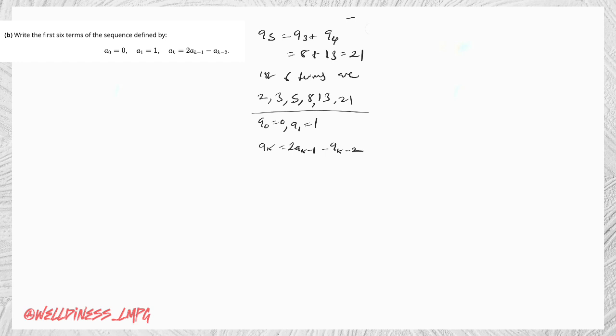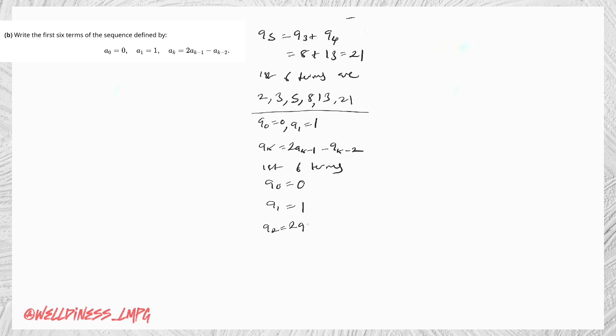So we know we are given our A0 as 0, and we are given our A1 as 1. Since we are looking for the first 6 terms, that means the next numbers we are going to be looking for are A2, A3, A4, A5. So to get our A2, all we have to do is substitute 2 anywhere we see K.